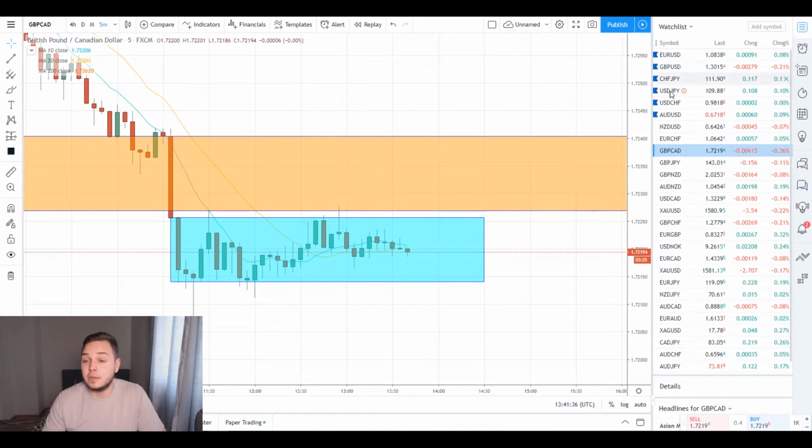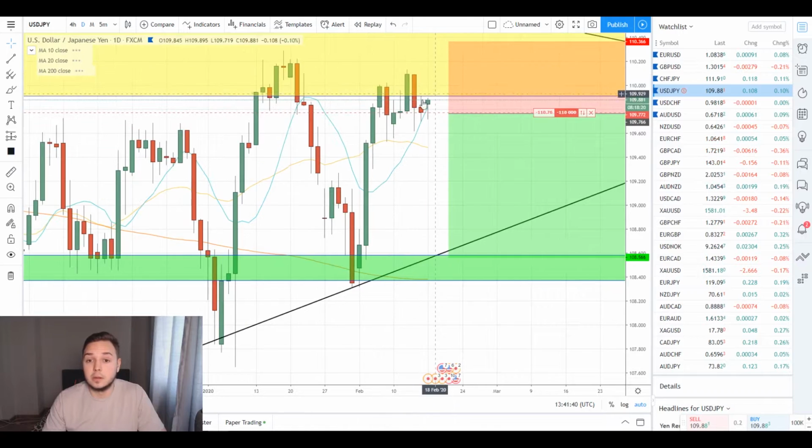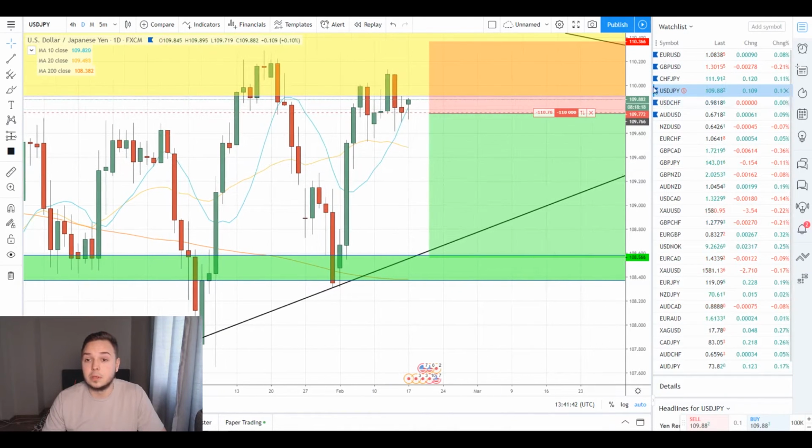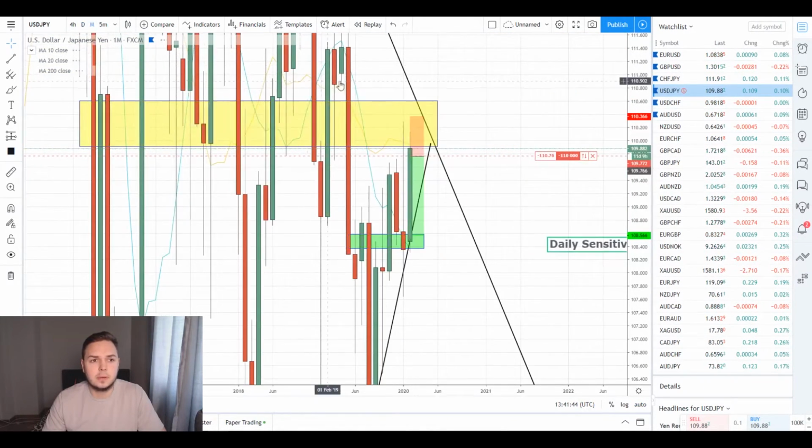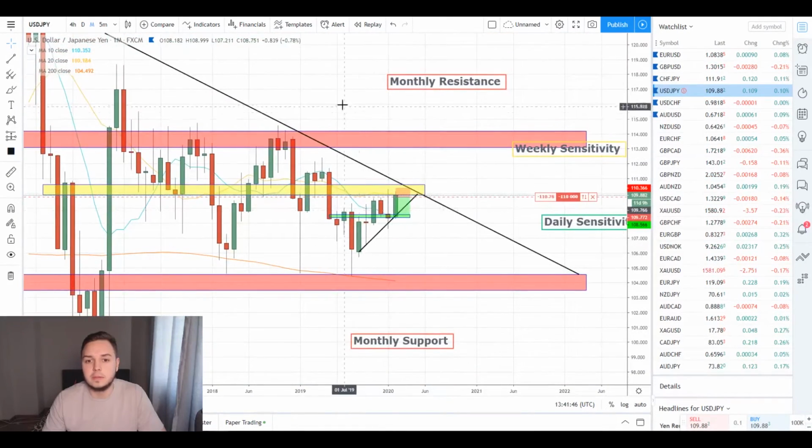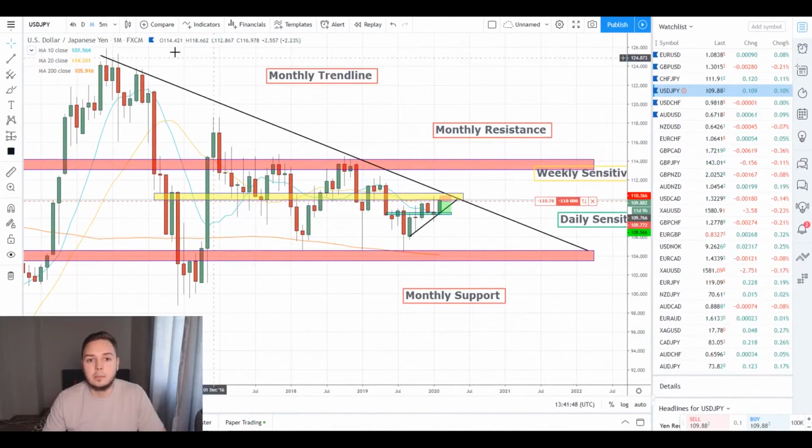I believe in that trade very much actually, so hopefully it doesn't suck, but I definitely believe it will come through. It's definitely on the monthly area of sensitivity, as we can see over here. Monthly trend line towards the downside. Monthly resistance. This is the weekly area of sensitivity as well.